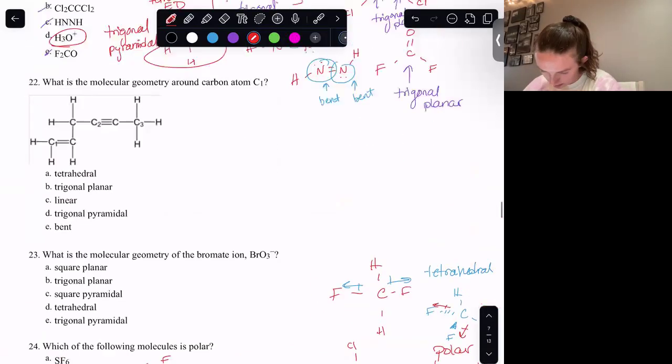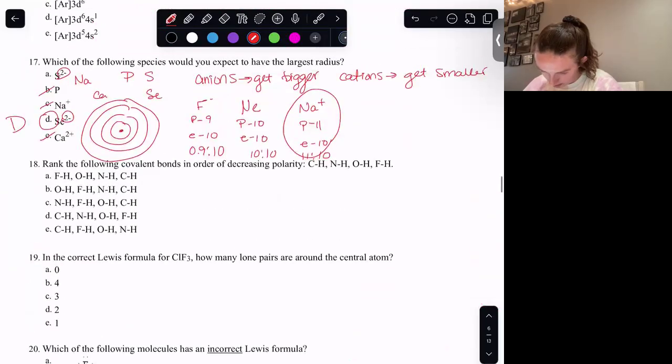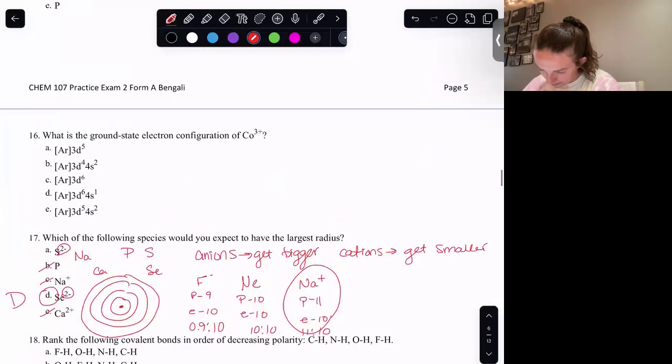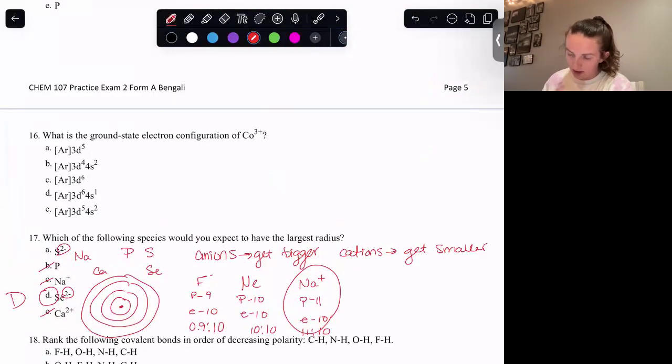We said 16. Okay, so what is the ground state configuration of Co3+? So this is cobalt, and when we look at cobalt, it's going to be argon 4s2 3d7.